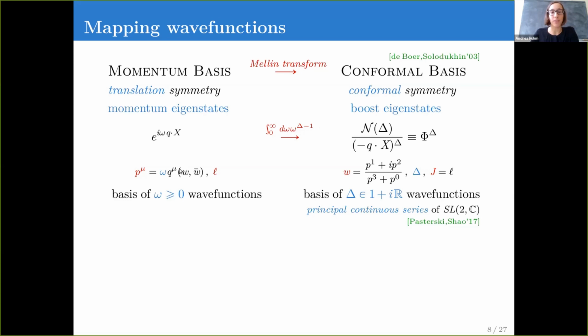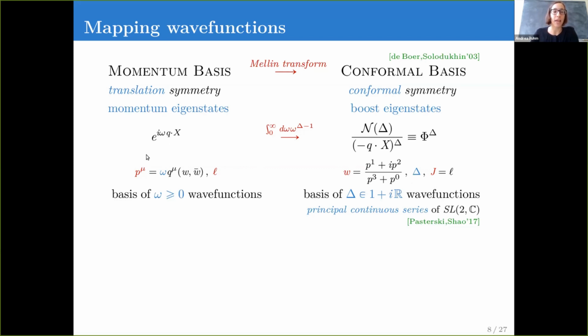The momenta now get replaced by the points on the celestial sphere where particles enter and exit, and the helicities under this map get identified with the 2D spin. The notion of energy now gets replaced by the introduction of the conformal dimension delta by this integral transform.